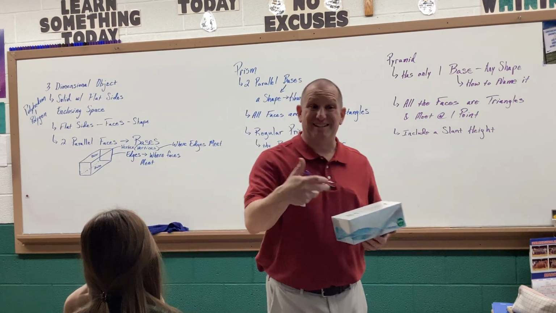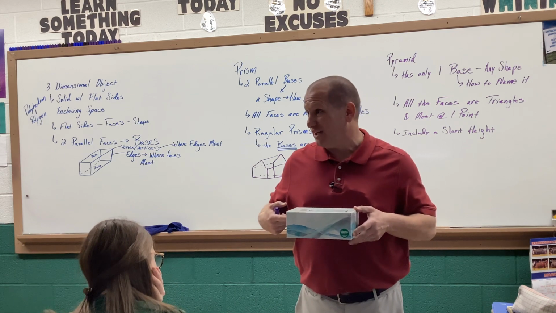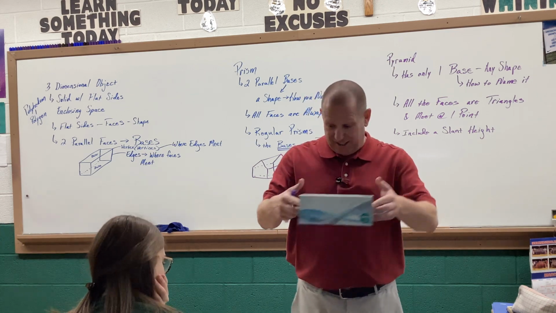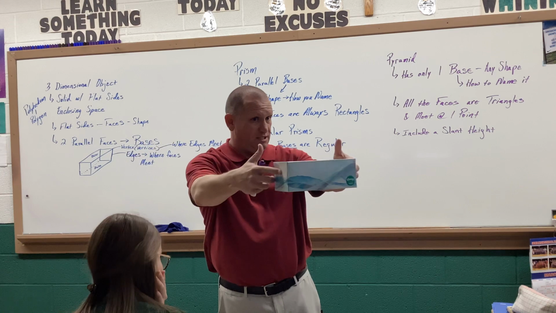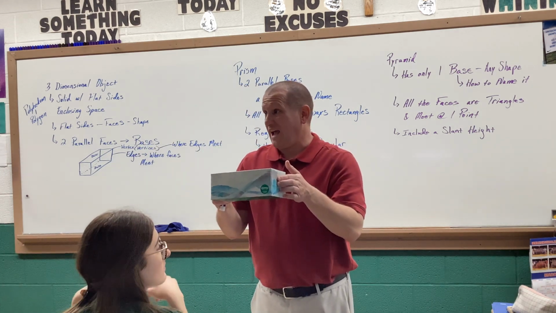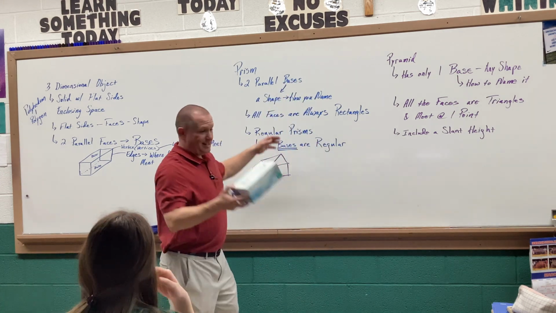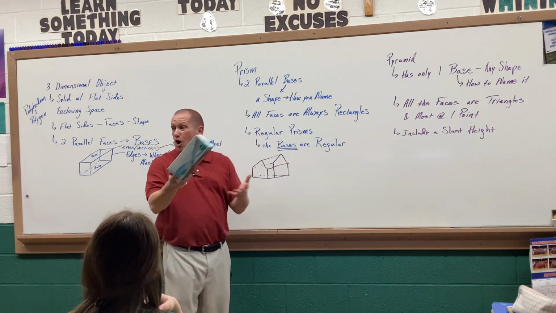If it's a pentagonal prism, this is a pentagon, this has to be a pentagon. Even if it's sitting just like this, these are still my bases. In this one, it's hard to tell because they're all rectangles.